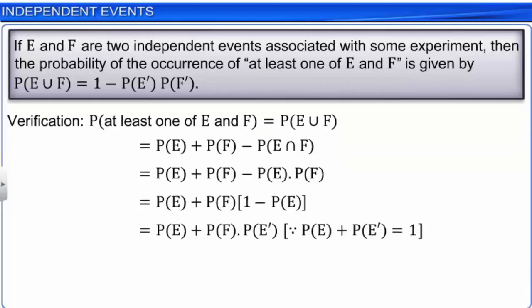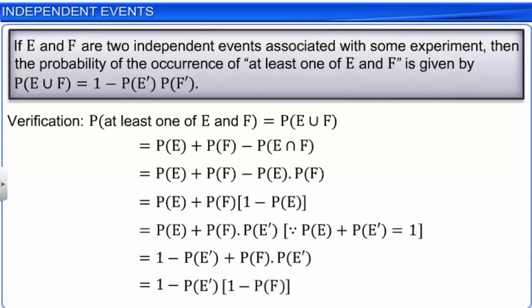The probability of E can also be written as 1 minus the probability of E complement. Taking the probability of E complement as common again, we get 1 minus the probability of E complement multiplied by 1 minus the probability of F on the right-hand side.